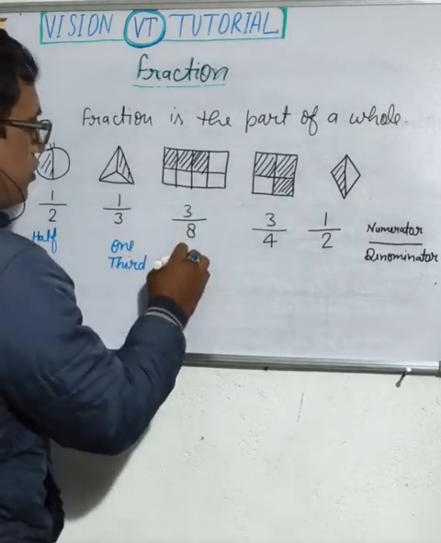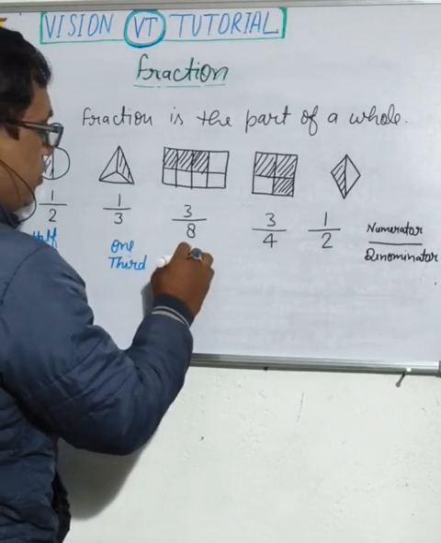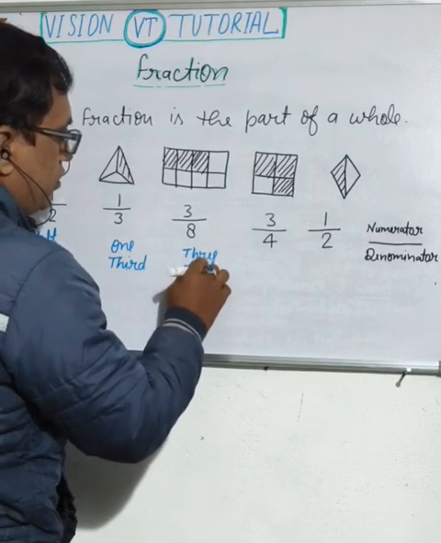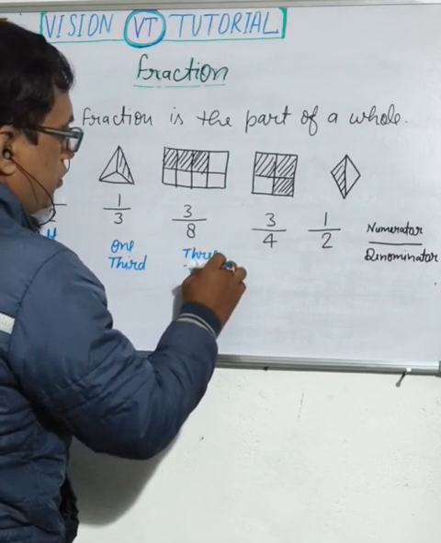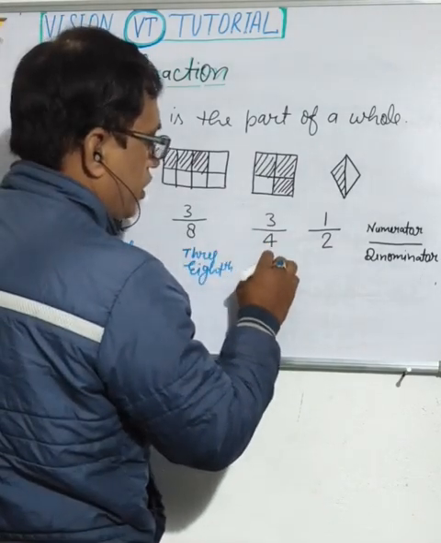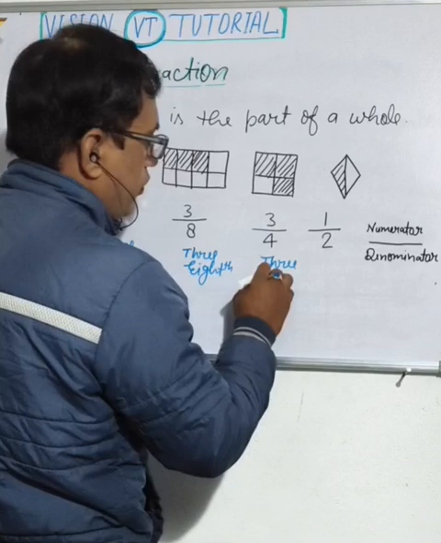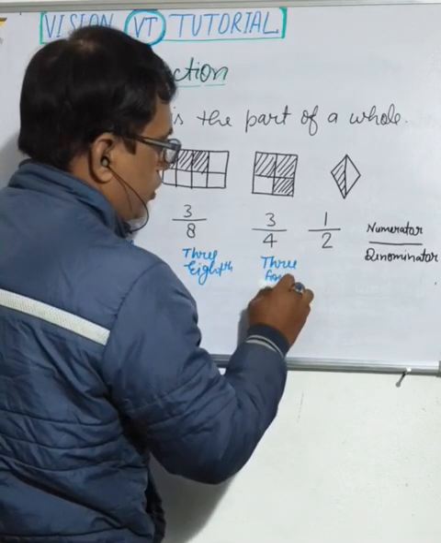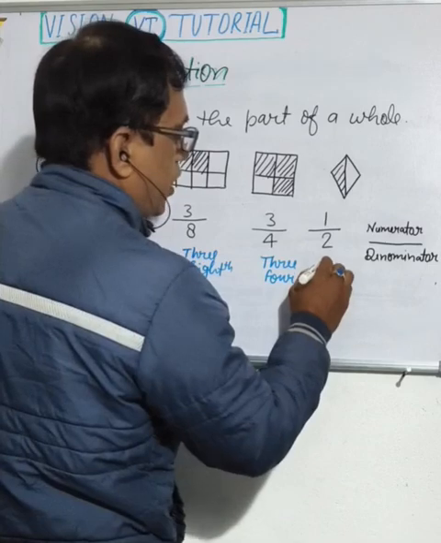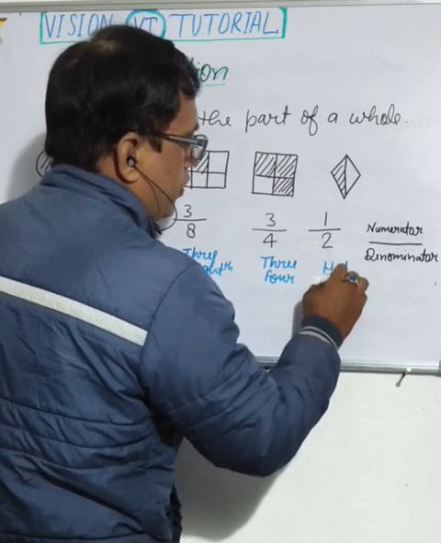And this is 3/8. And 3/4, three-fourths. And 1 upon 2, that is called half.